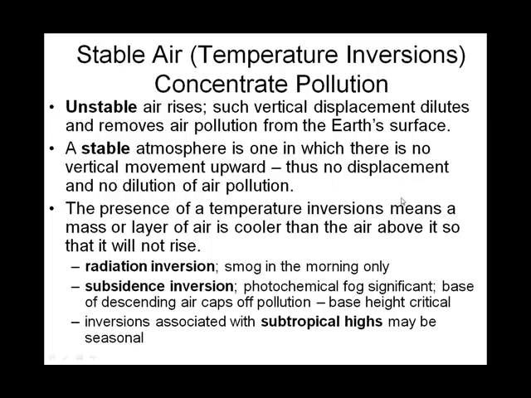If the air is pretty darn stable, then it's not going to want to rise. We talked about stable versus unstable air. Unstable air will rise, stable air will not rise. So basically the air that you have is the air that you're going to keep for a while. And if you're polluting it, then you're stuck with polluted air. So a temperature inversion can basically cap this sort of air from rising.